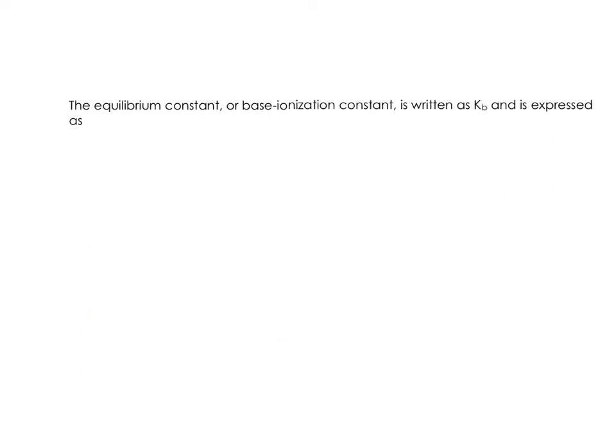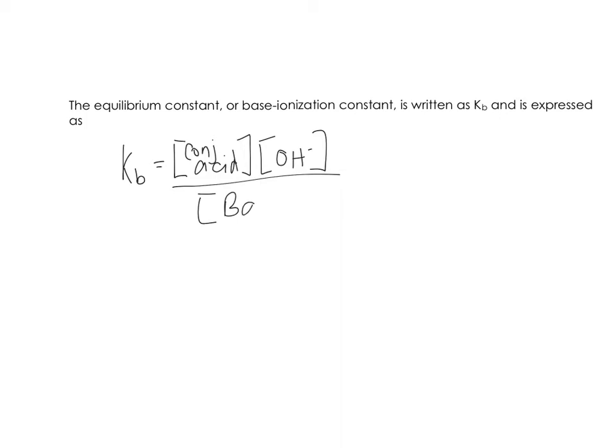The equilibrium constant, or base ionization constant, is now written as a Kb. So your Kb is equal to the concentration of your conjugate acid times the hydroxide ion concentration all over the concentration of your base.